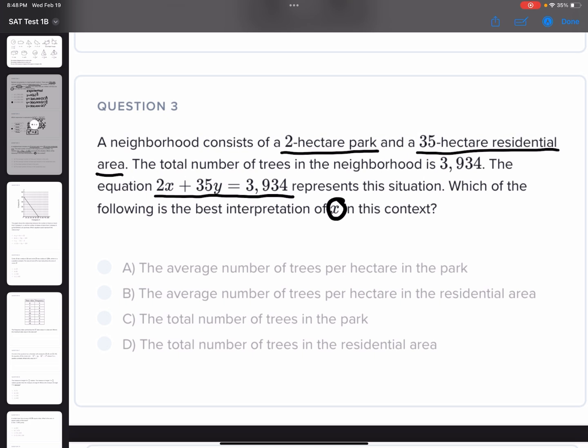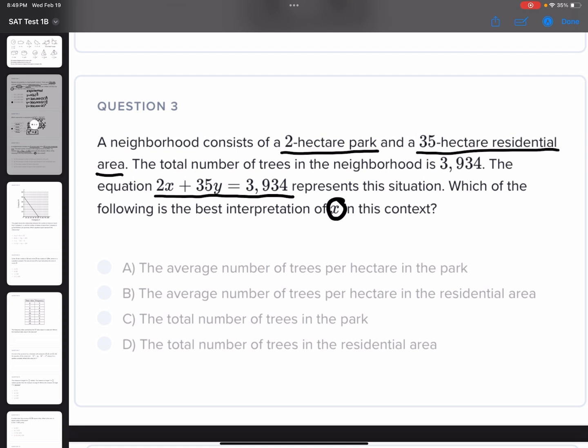All right? So we are given either A, the average number of trees per hectare in the park, or C, the total number of trees in the park. A common mistake people make is, why would it be A? It says average number. I don't understand that, that's unfamiliar.